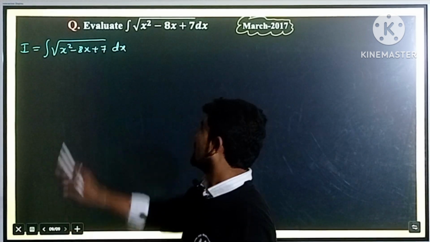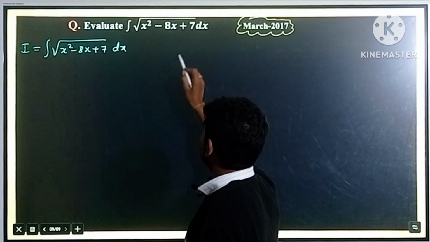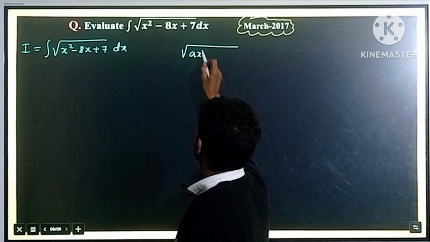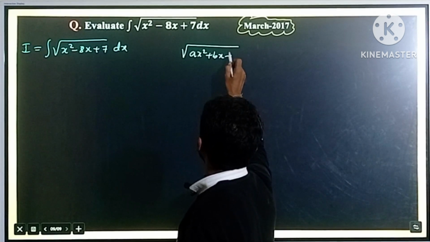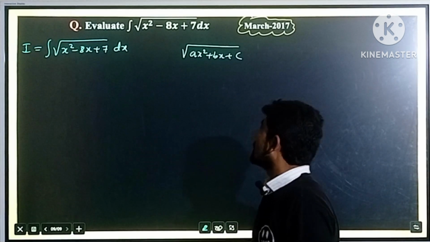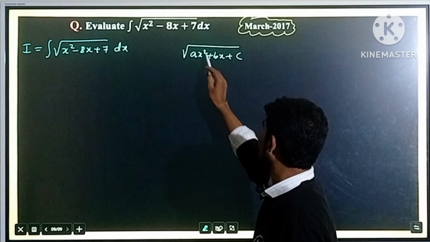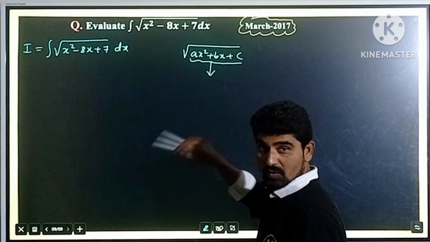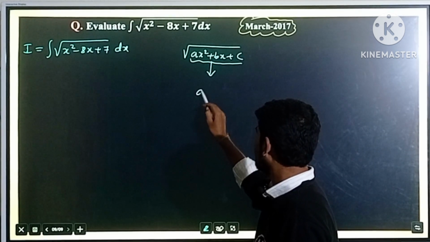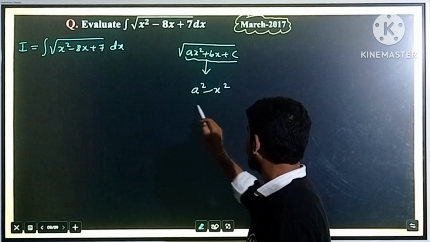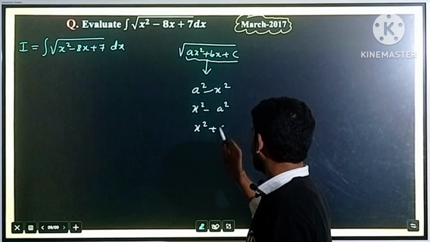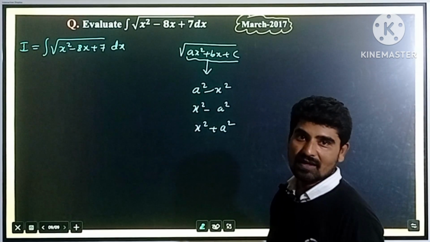See here, in this integration problem, the integrand is of the form square root of ax square plus bx plus c. To solve this, first we need to convert this quadratic expression to any one of the forms: a square minus x square, or x square minus a square, or x square plus a square.